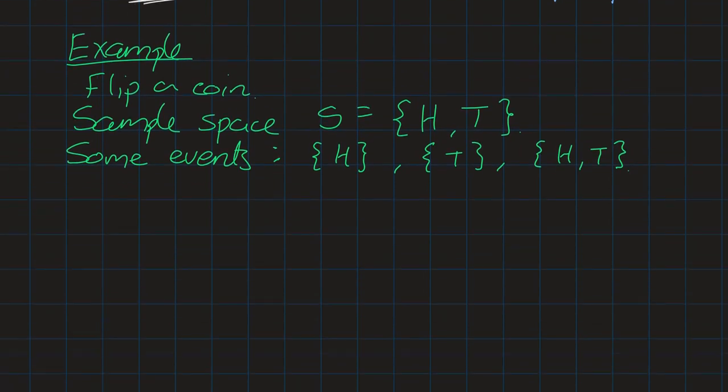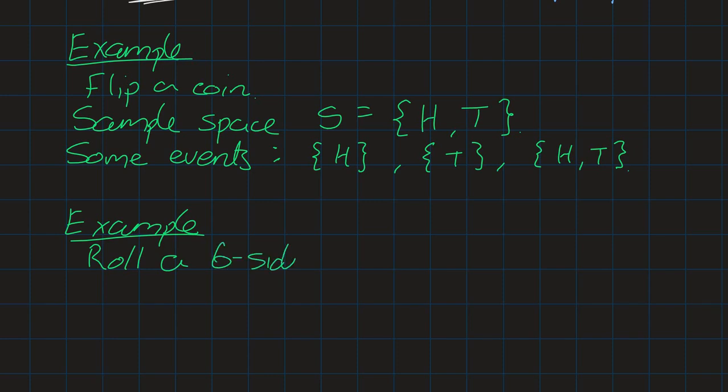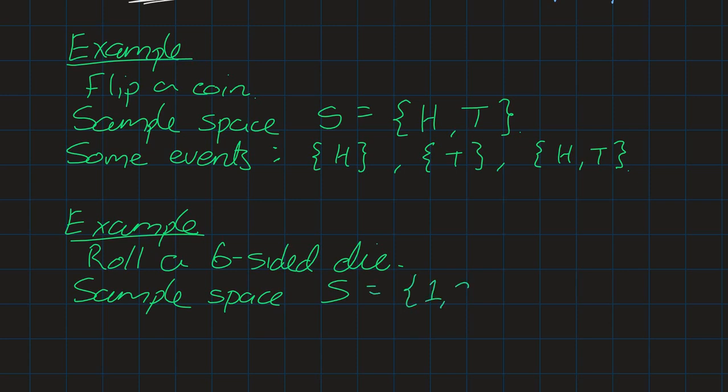So I'll do another example. This time I'm just going to consider rolling a six-sided die. Now the sample space is, what are the possible outcomes? Well, the possible outcomes are just 1, 2, 3, 4, 5, and 6.